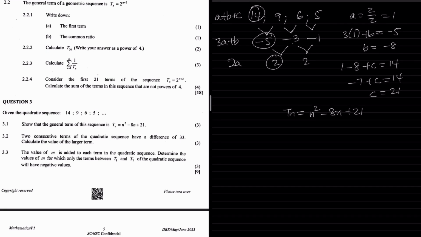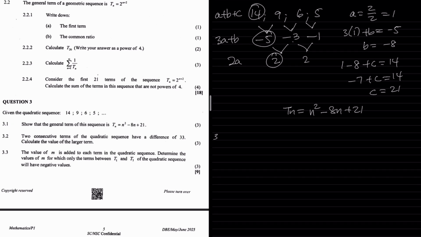Let's look at 3.2. Two consecutive terms of the quadratic sequence have a difference of 33. Calculate the value of the larger term. Now what you want to do here is say that Tn plus 1 minus Tn is equal to 33. Now Tn plus 1 will be n plus 1 squared minus 8 into n plus 1 plus 21, minus Tn, so minus n squared minus 8n plus 21, and that's equal to 33.